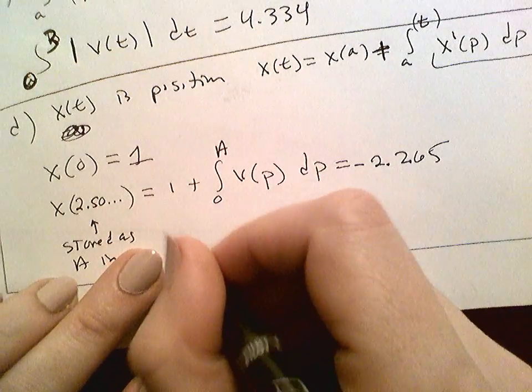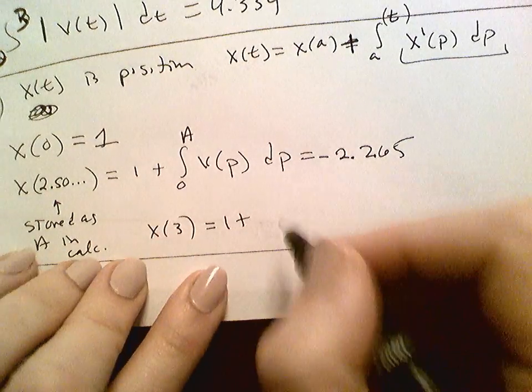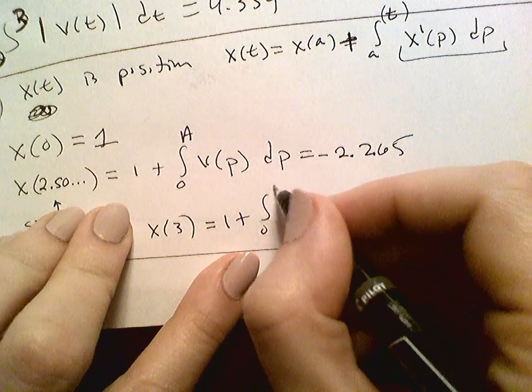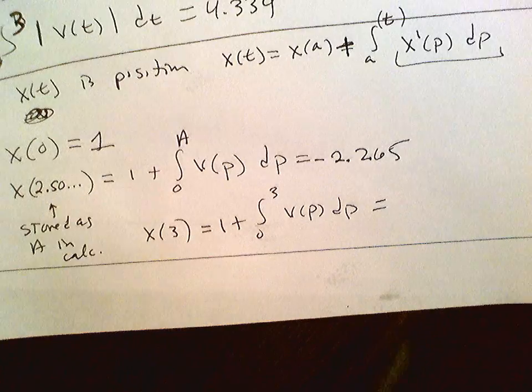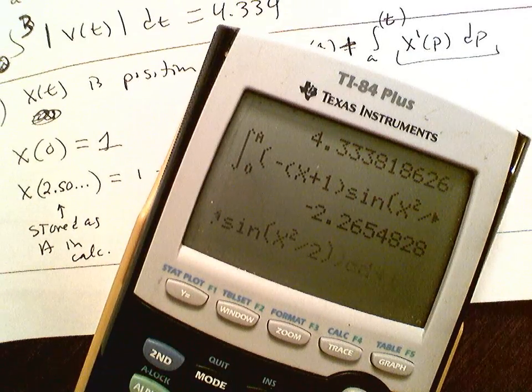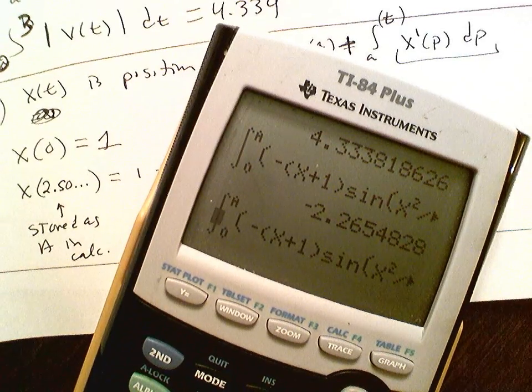Now let me check 3. x of 3, same thing: 1 plus the integral from 0 to 3. I can just go second enter, back up.